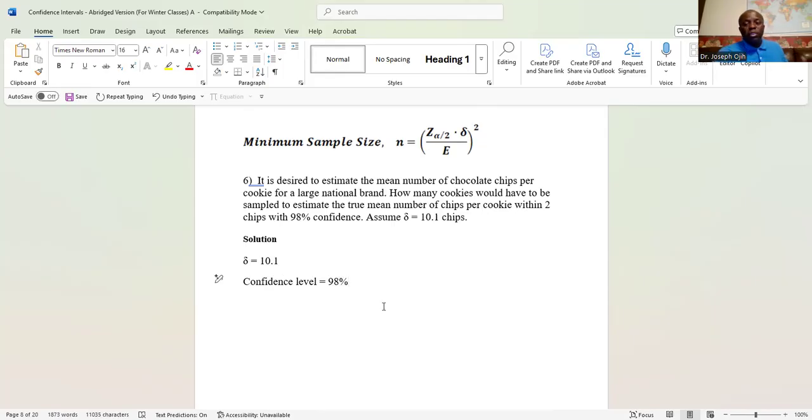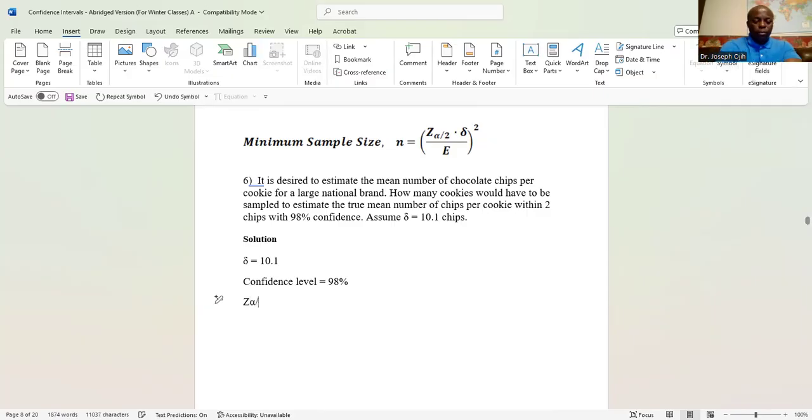So that your chance of being wrong is 2%. It's within two, that's why it's within two chips. So your alpha is 2%. So you can get a critical value z alpha over 2.